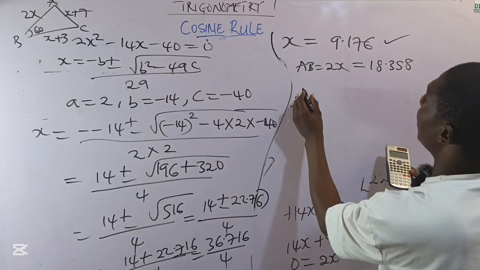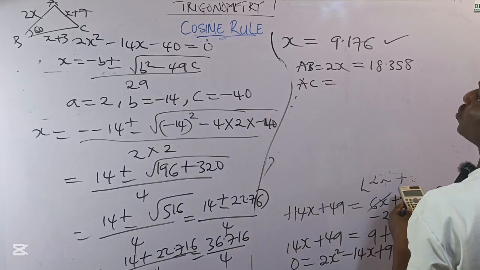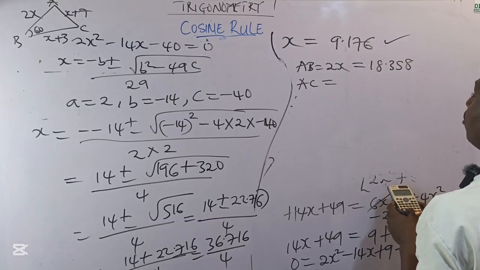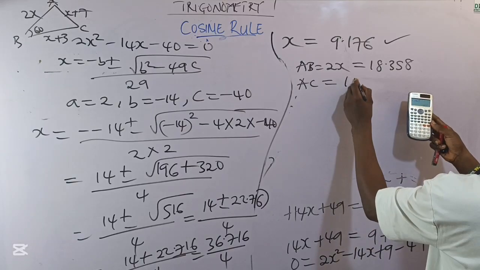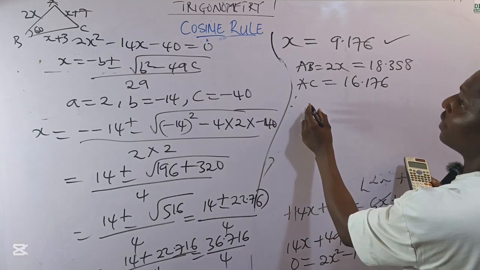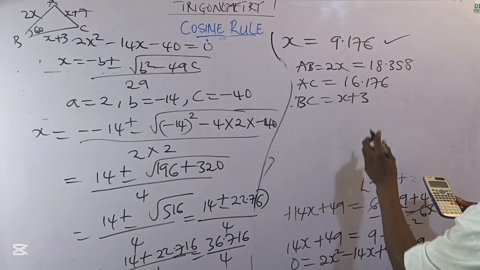8. My AC is equals to x plus what? 7, which is 9.176 plus 7, which will give me 16.176. And my BC is equals to x plus what? 3.